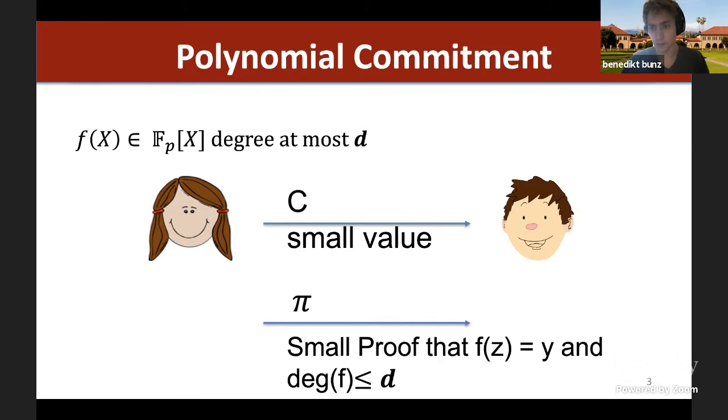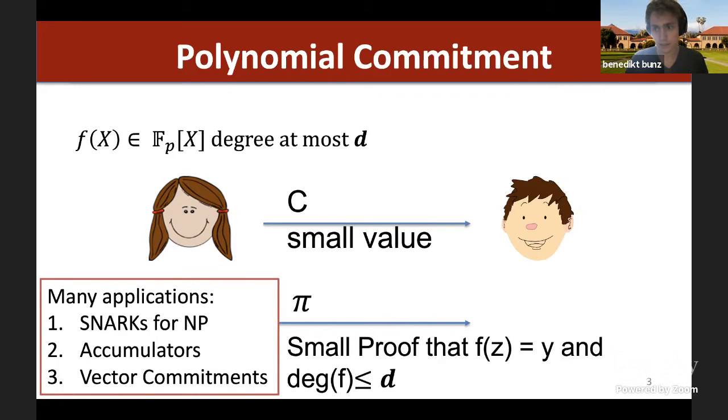These polynomial commitments have received a lot of excitement in the last, I would say, 1 or 2 years. Mainly this is because you can actually build full-fledged SNARKs for NP using these polynomial commitments. For the most part, the efficiency properties of the polynomial commitment dictate the efficiency properties of the SNARK.